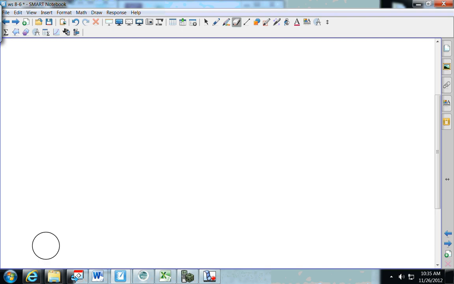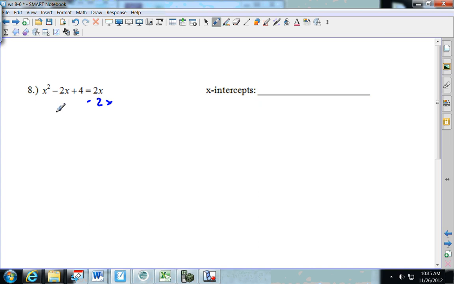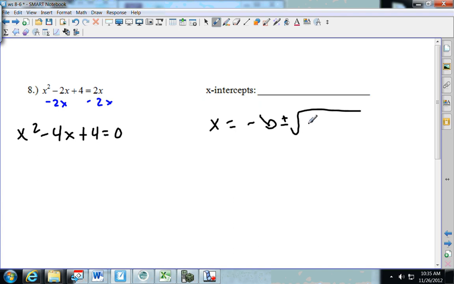Oh, let me get all this erased. Let's go back up here and do the quadratic equation. Again, we subtracted 2x from each side, and we got x squared minus 4x plus 4 is 0. All right, my formula, x equals negative b plus or minus the square root of b squared minus 4ac, all over 2a.